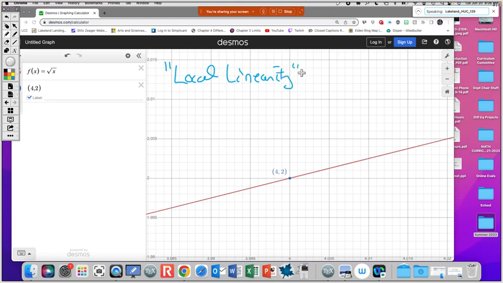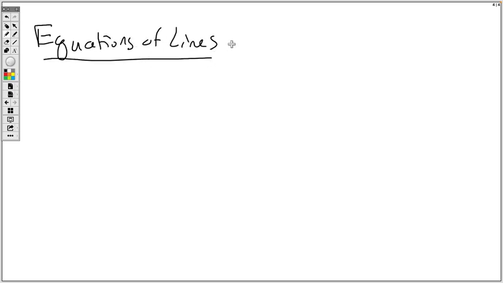Now, this is what calculus is good for, especially limits. Limits get closer and closer and closer. You follow? They zoom in near the point. And if I zoom in near this point, it looks like a line. And let's suppose I wanted the equation of this line. Well, I think everyone knows one equation of a line.